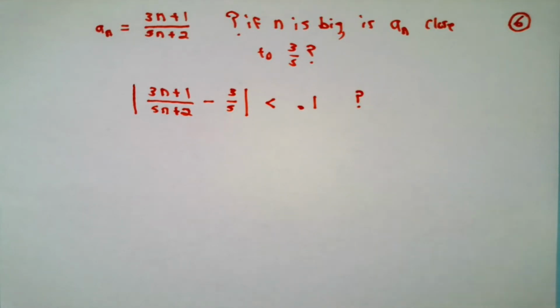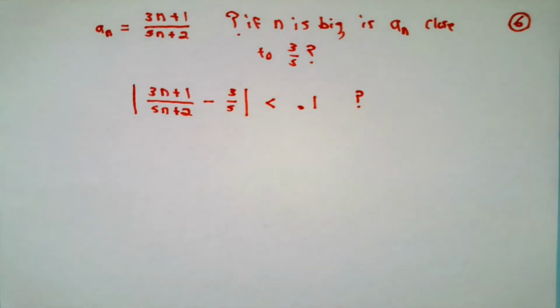It could be that this inequality is untrue no matter what n is. That's conceivable. It's possible that this inequality is true no matter what n is. That's possible also. It's possible that this is untrue for some n, but true for others.